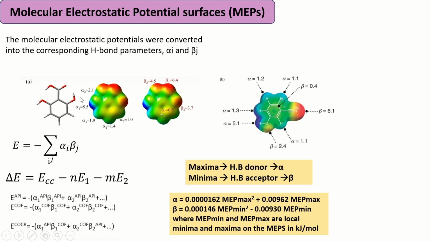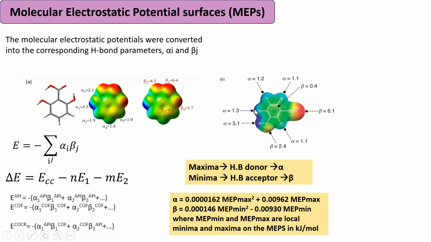So here are the hydrogen bond parameters, which are alpha 1 2.1, alpha 2 5.5, alpha 3 1.9, alpha 4 1.4, and alpha 5 1.0. And similarly their beta values 4.5, 6.4, and many others.